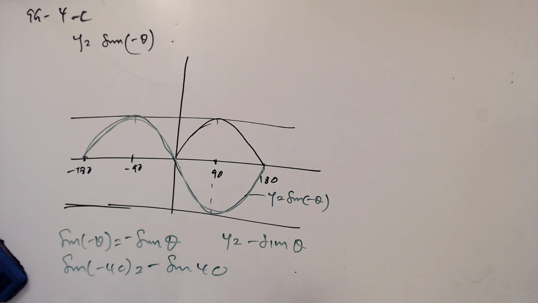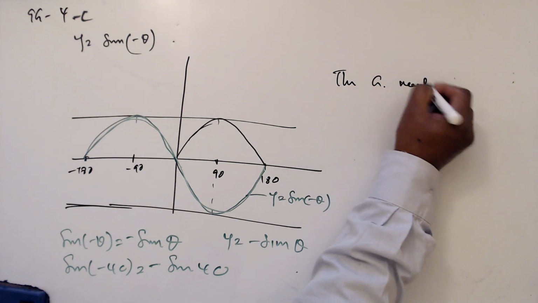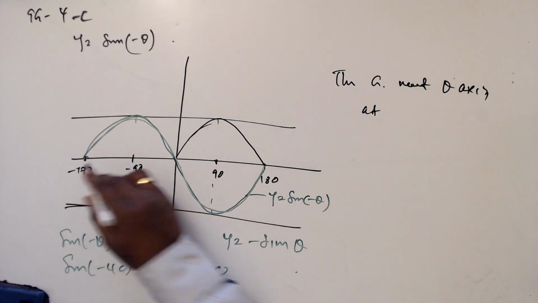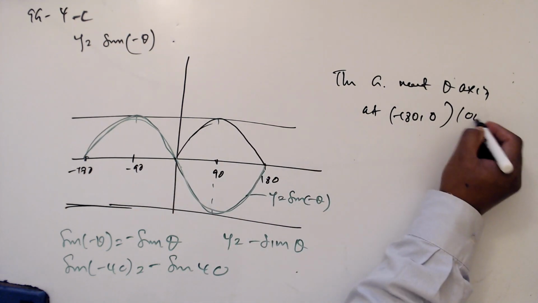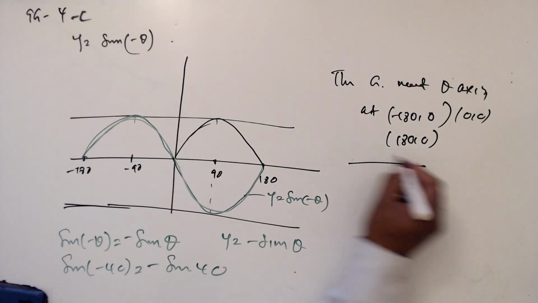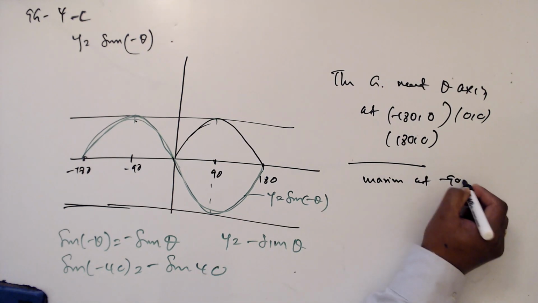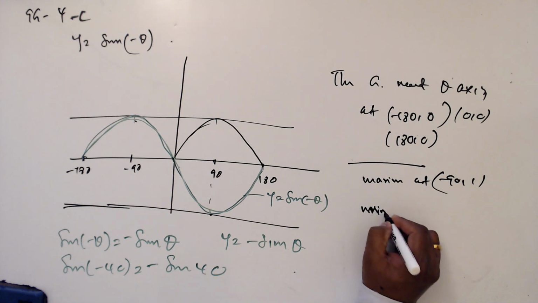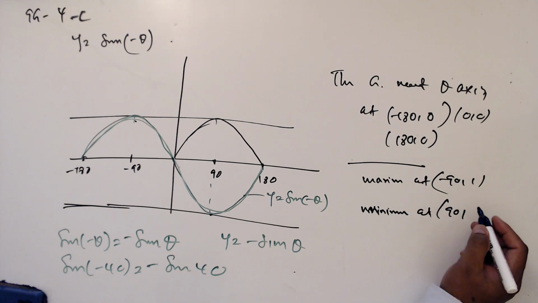So this is the use of it. The graph meet theta axis at minus 180, 0, 0, 0 and 180, 0. Maximum at minus 90, 1 and minimum at 90, minus 1.